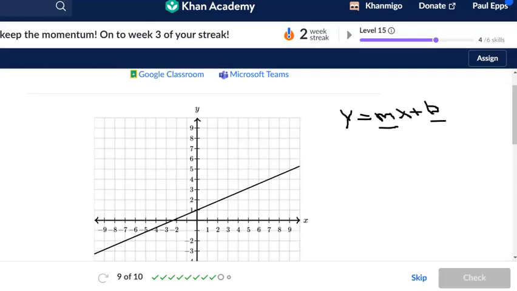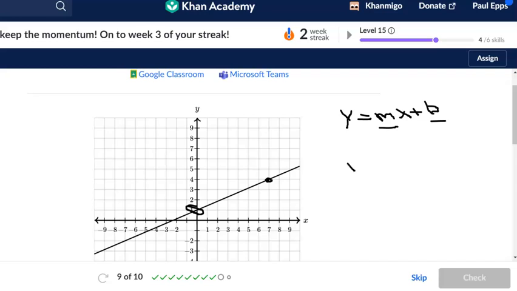It looks like, I mean, we need a couple of points, but it looks like this point here is 0, 1, and it looks like this point here is 7, 4. So if we did rise over run, rise is 3, run is 7.